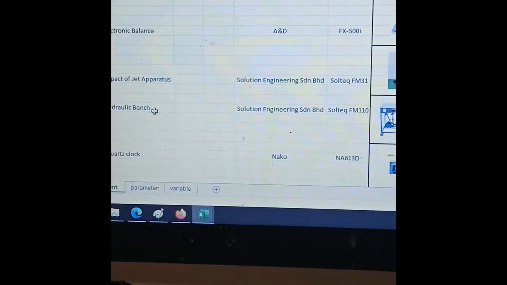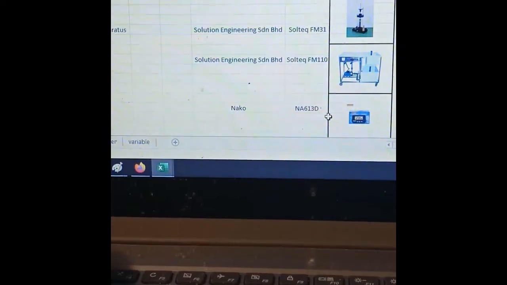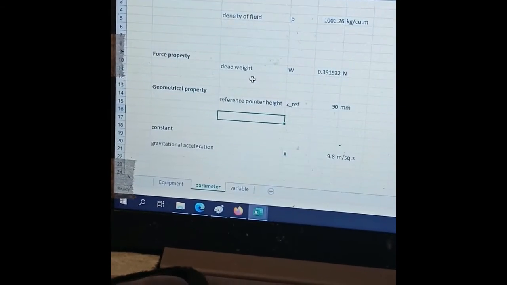And then we have the hydraulic bench from Solution Engineering, Soltec model FM110. And then we are using the quartz clock from NACO, model NA6130.